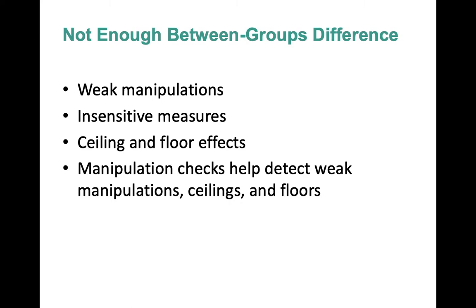It can occur because of weak manipulations, because of insensitive measures, particularly an insensitive dependent variable. It can be due to ceiling or floor effects. And so I'm going to review these as well as review how a manipulation check can help detect whether you have a weak manipulation or a ceiling or floor effect.